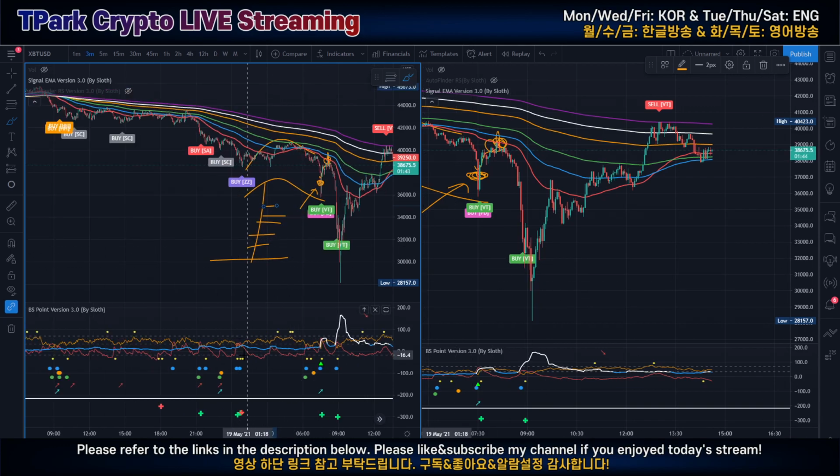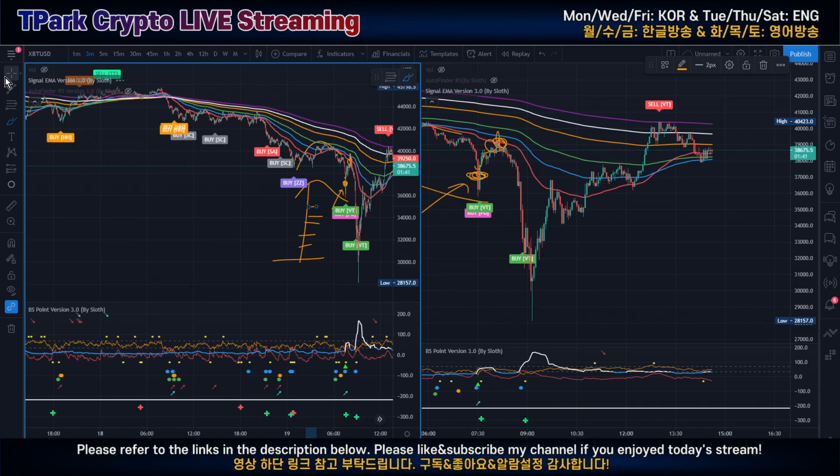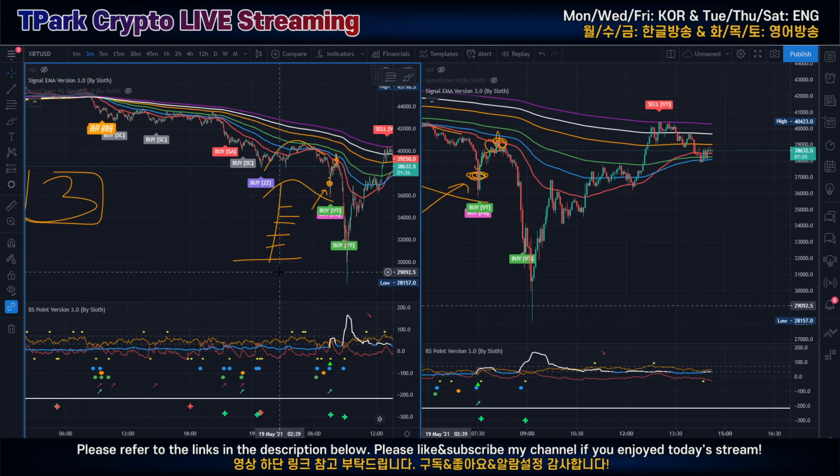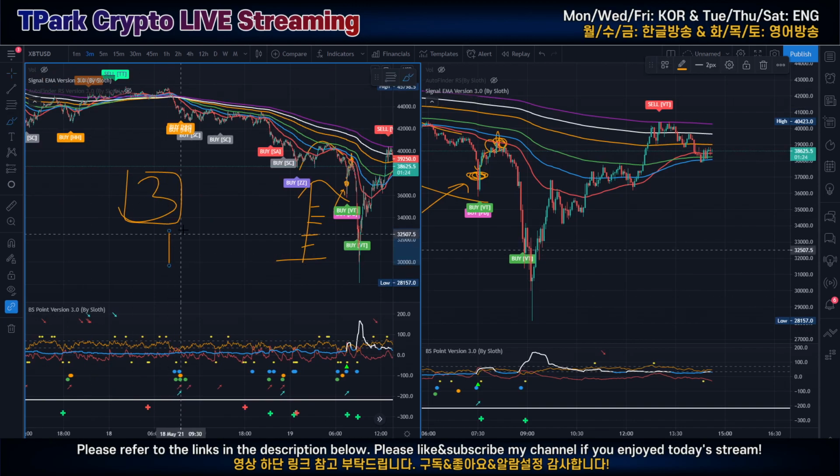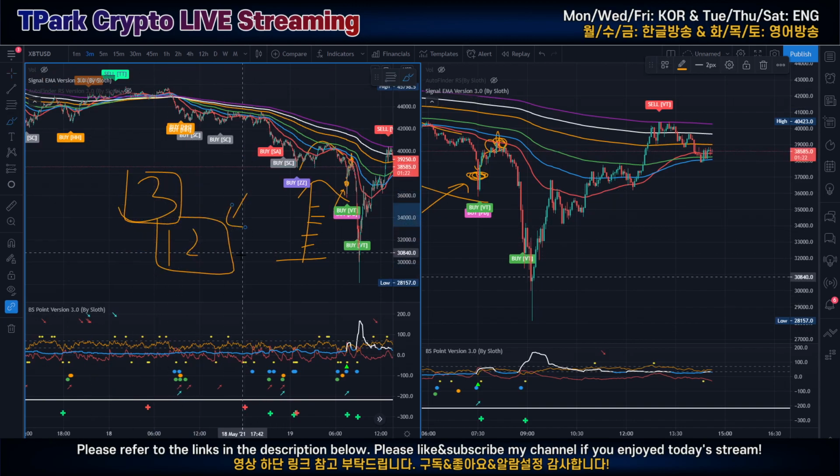All right, so I think that's it for the indicators. You are getting 3 different indicators. One is the auto finder, number 2 is the signal line signal, number 3 is the BS point version. All of these have around, I believe, minimum 12 different indicators combined.